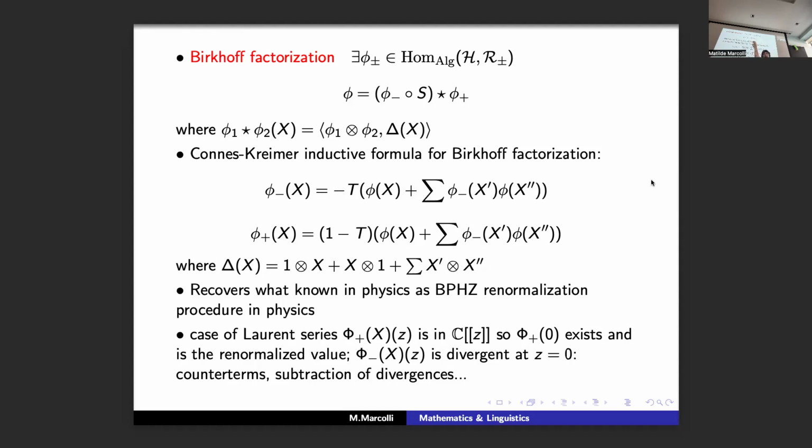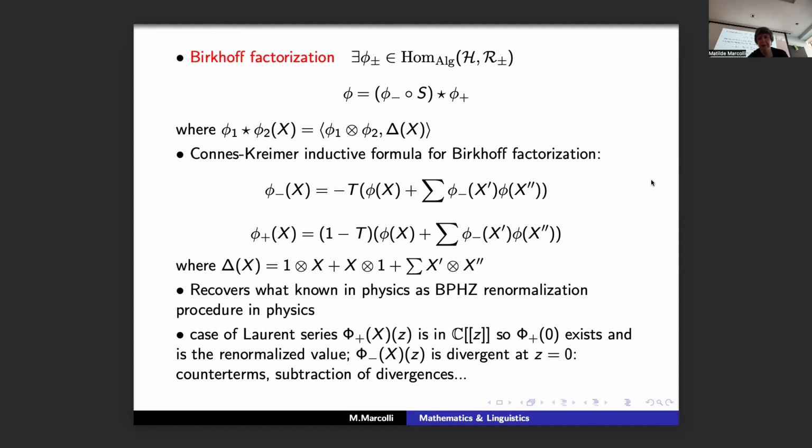Also, this is the only thing that will have this property, because the antipode itself has a kind of structure like this. And so the fact that you have phi minus composed with the antipode is exactly what corresponds to the fact that phi minus here has all these terms, because the antipode has all these terms. So when you compose phi minus with the antipode, you necessarily get these terms.